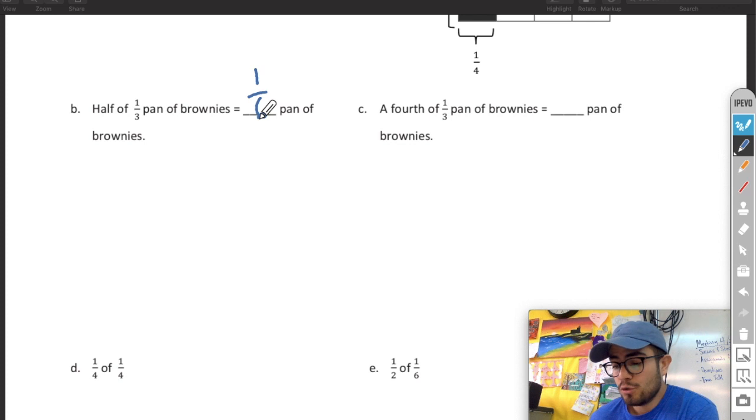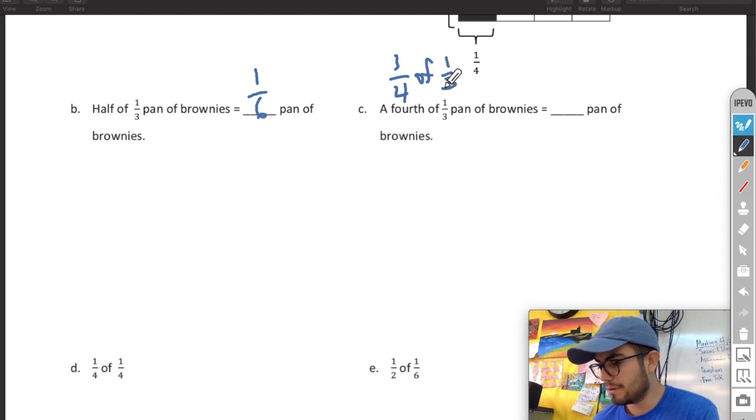So you can go ahead and try C based on what we just did. C is a little bit different because now you're taking a fourth, which is not half, but a fourth. Now let's take a look at C. It is asking you to take a fourth, which is written as 1/4 of 1/3.